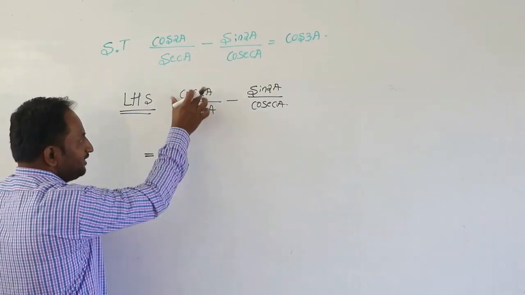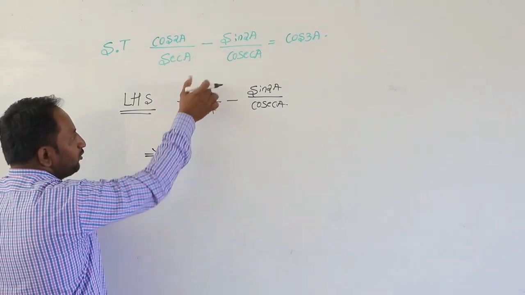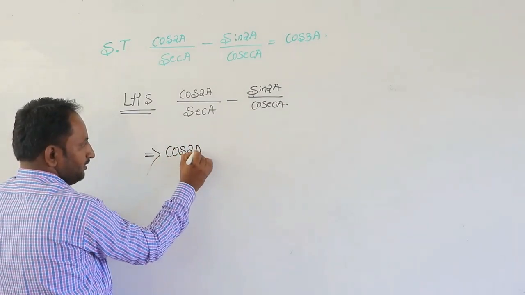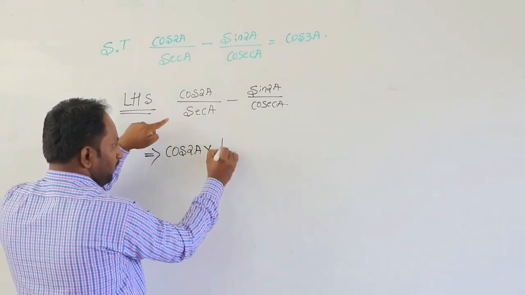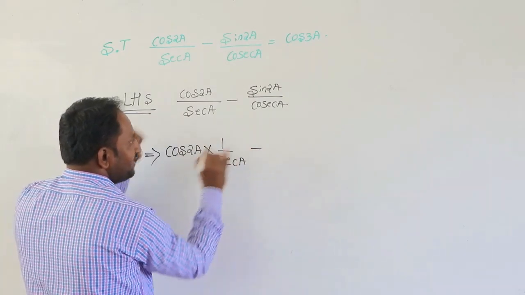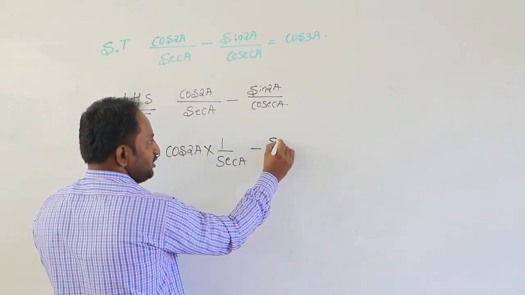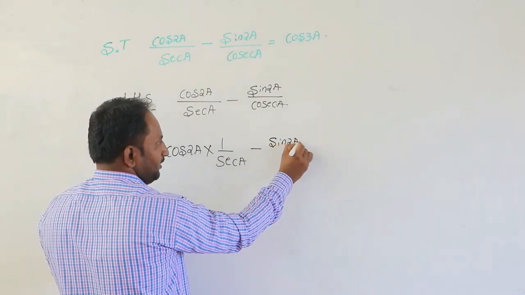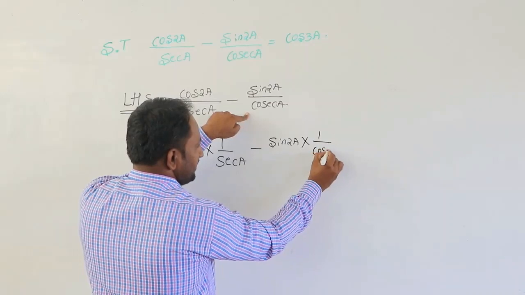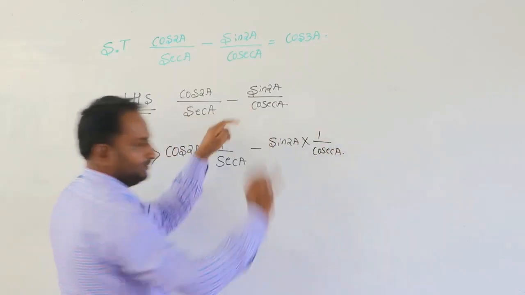Then, simplifying, we get cos 2A into 1 divided by sec A minus sin of 2A into 1 divided by cosec A.